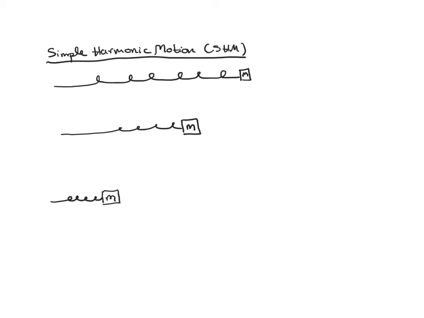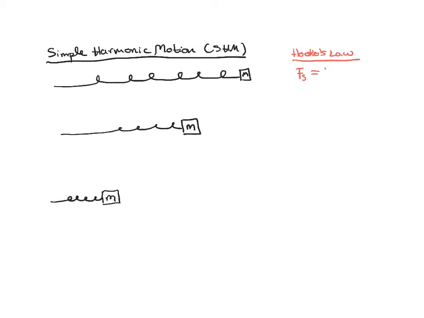So we're actually going to start someplace very familiar. We did this in lab on Tuesday, and we also talked about springs earlier in the semester. So we're going to start with Hooke's law. Hooke's law is our spring force equation.